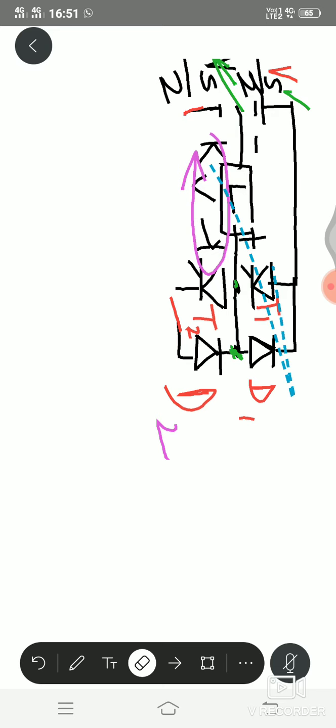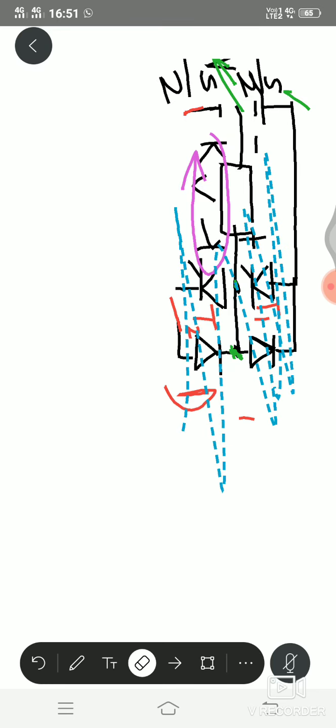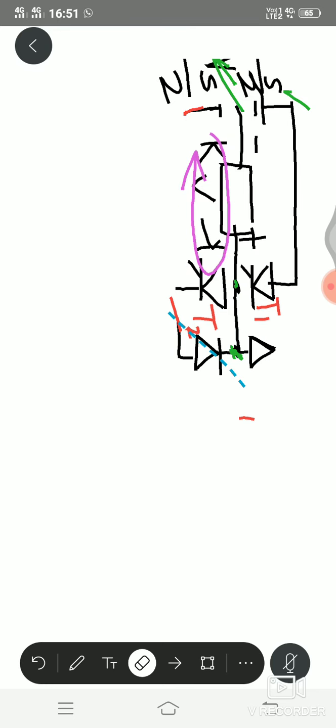We need to have the waveform now. That was the working. I'll let you know the working of D1 and D2. You have to wait for some time.